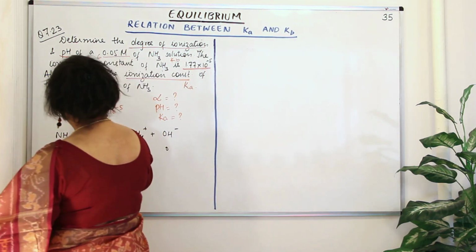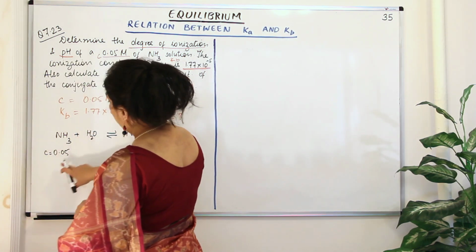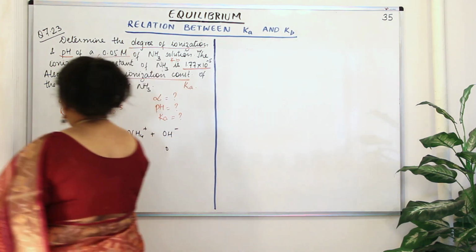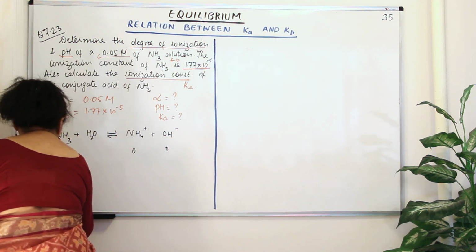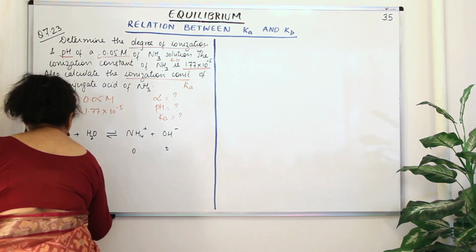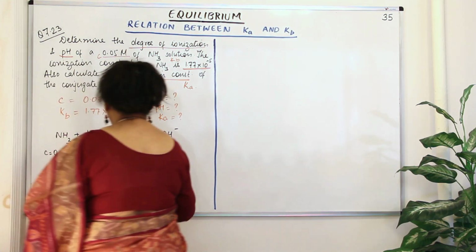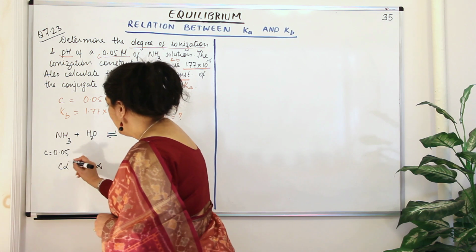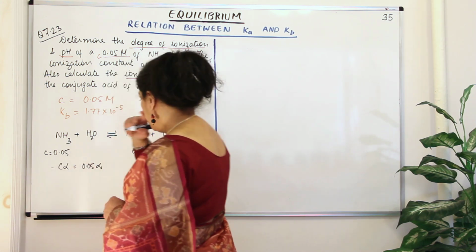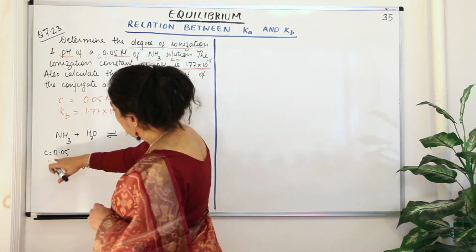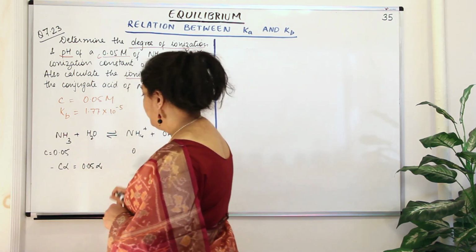So the degree of dissociation you have to calculate, which means that C alpha would be the amount that reacted. So C alpha would be equal to 0.05 alpha. And C minus C alpha would be the concentration of ammonia at equilibrium, right?